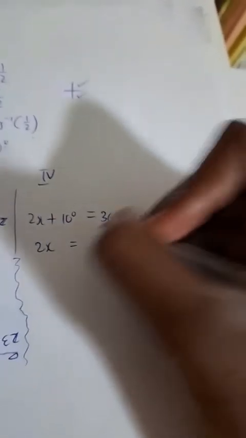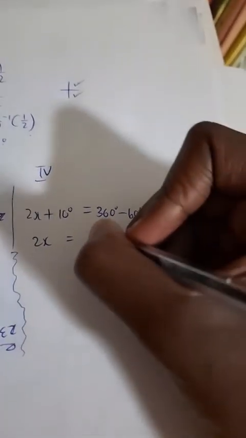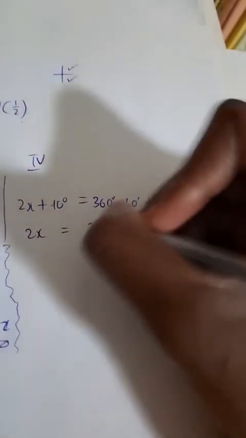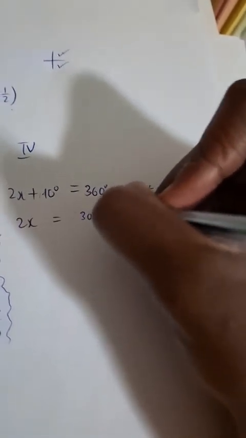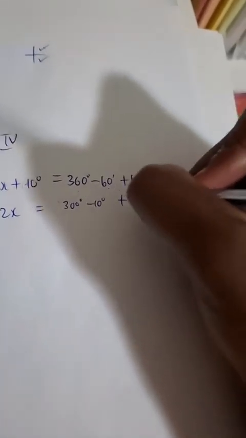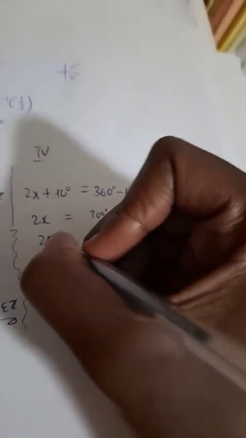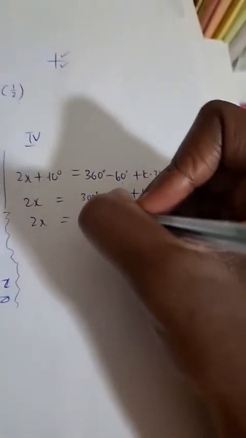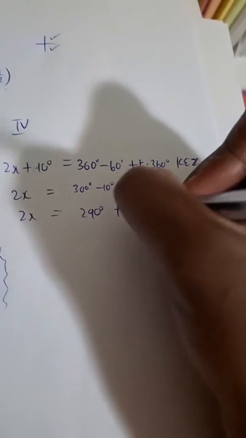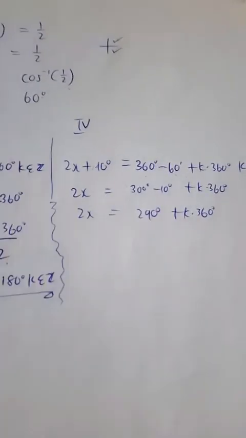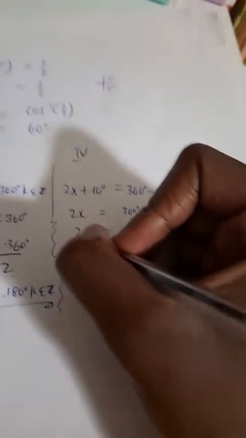2x is equal to 360 minus 60, which is 300. We transpose the positive 10, it becomes minus 10, plus k 360. So 2x is equal to 300 minus 10, which is 290, plus k 360 degrees. Then we divide everything by 2.